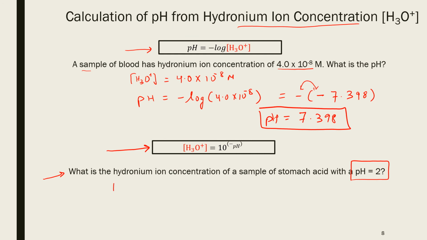So pH is given, so pH is equal to 2. So hydronium ion concentration according to this formula is equal to 10 to the negative pH, and that's equal to 10 to the negative 2. And if we solve this one, this value comes out to be 0.01.